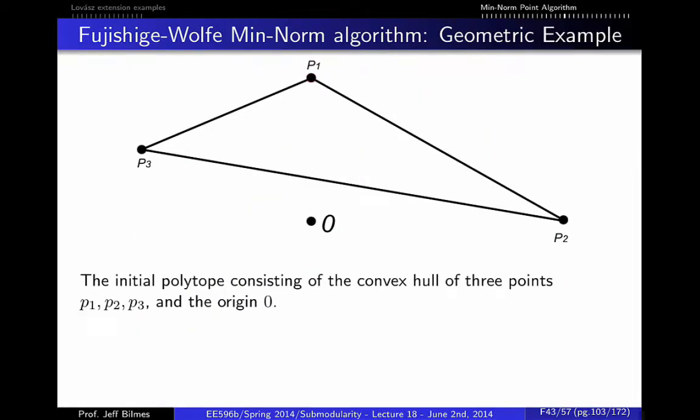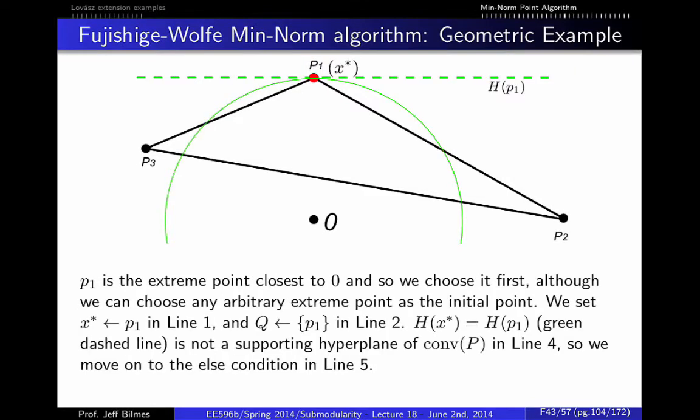So there's the initial situation. We've got the origin, and we've got these 3 extreme points of the polytope. First thing we do, what the algorithm in line 1 says to do, is to choose the closest point, the closest vertex.